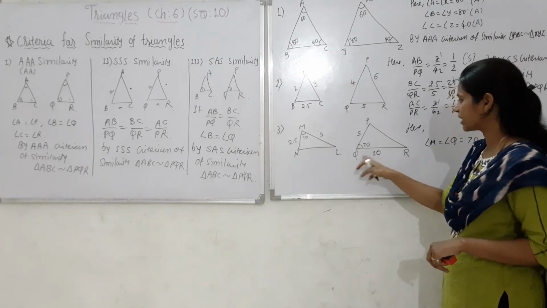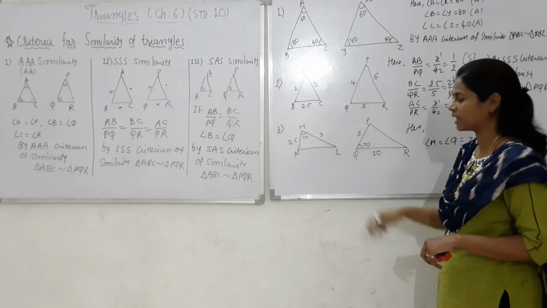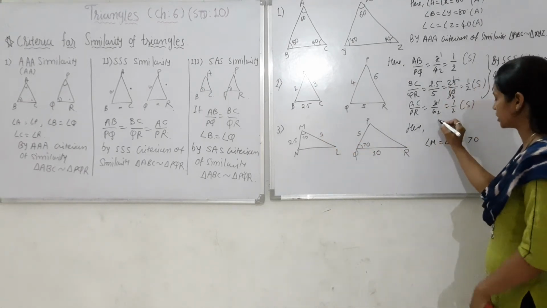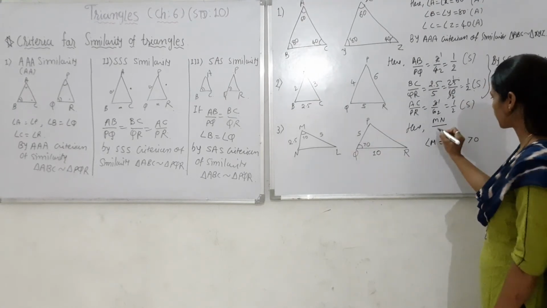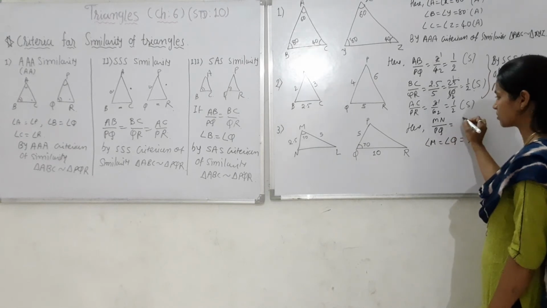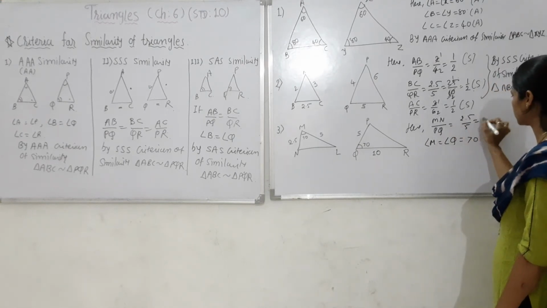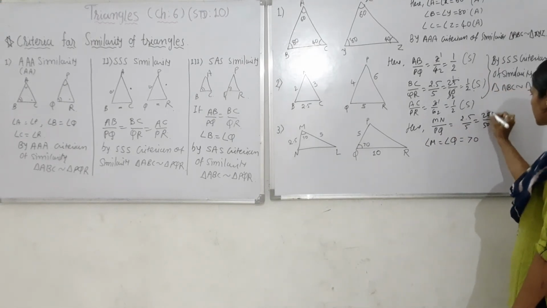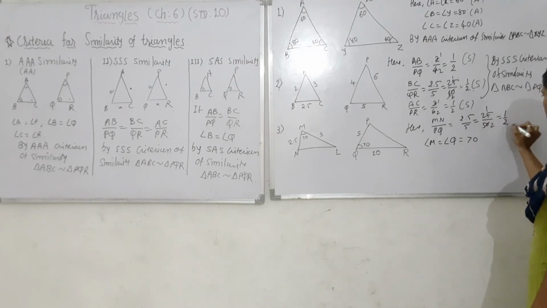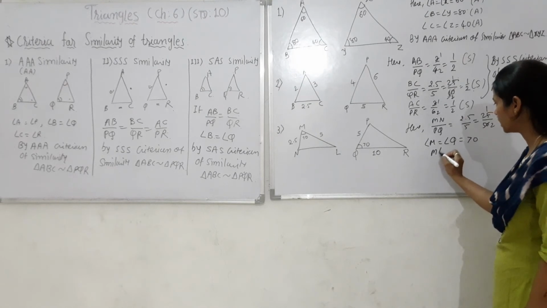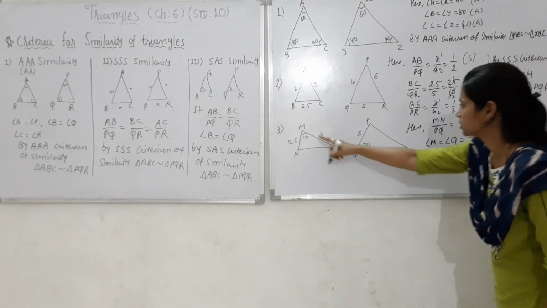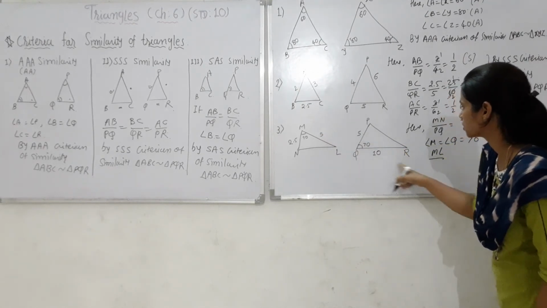And the ratios of the sides QR and ML are equal. So you can write here MN upon PQ is equal to 2.5 upon 5, 25 upon 50, so 1 by 2. And second is ML upon QR.